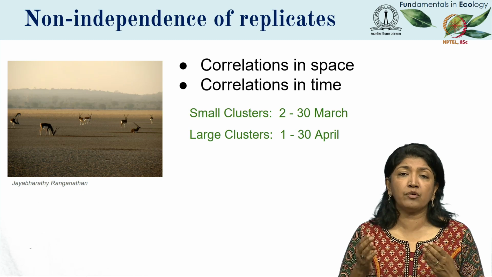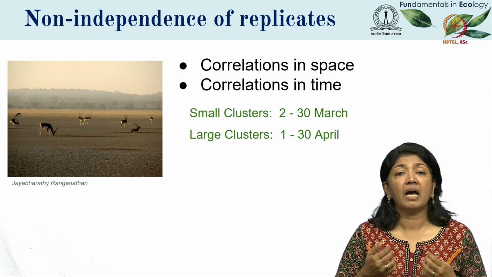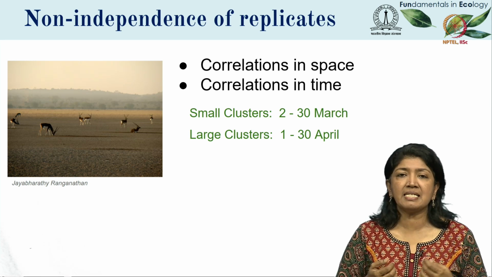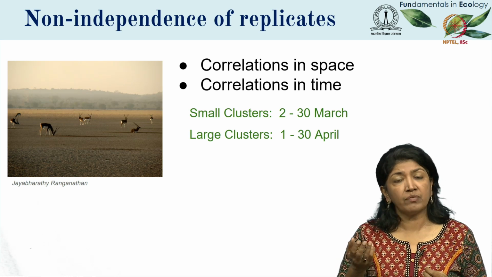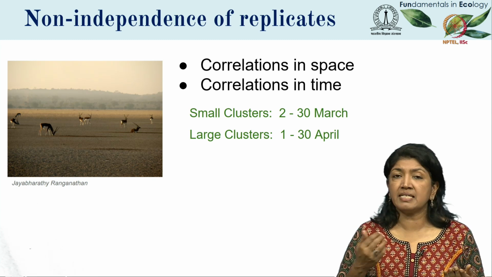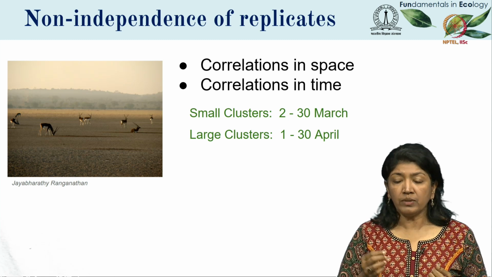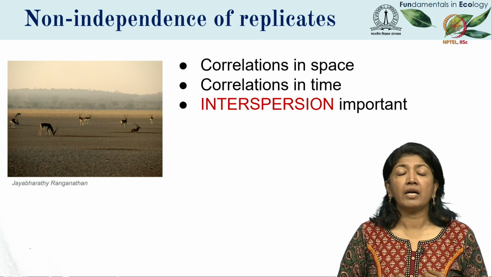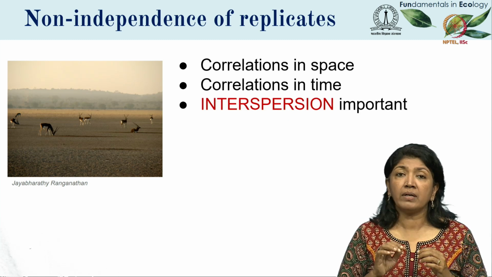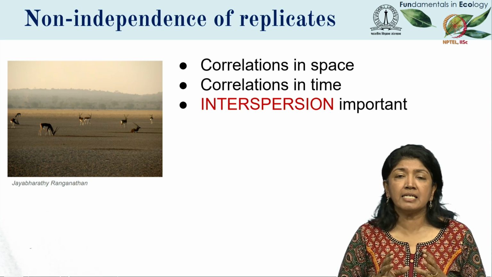If I find a difference in male mating success between small and large clusters, I would not know whether it is because of cluster size or because of time, because there are differences in females coming to mate in the first and second part of the mating season. What I need to do in this case is adopt a very important second element of study design, which is interspersion.